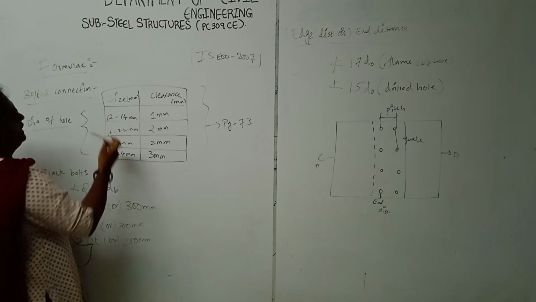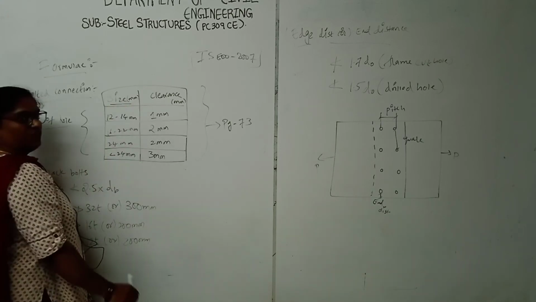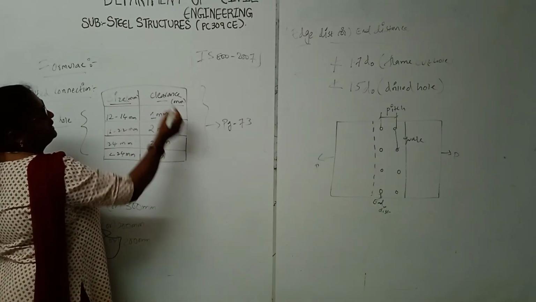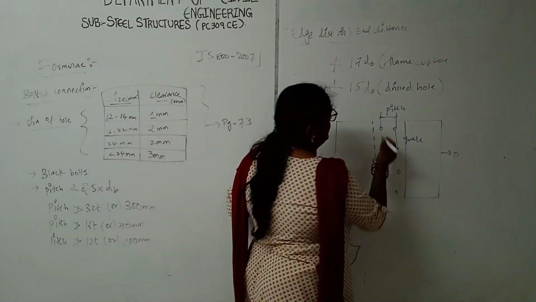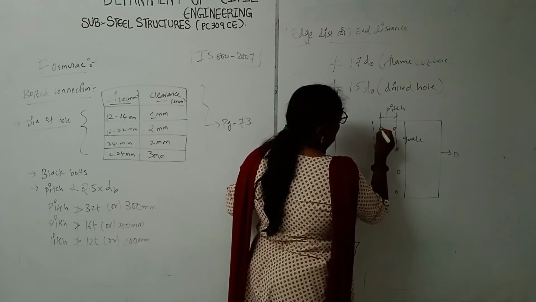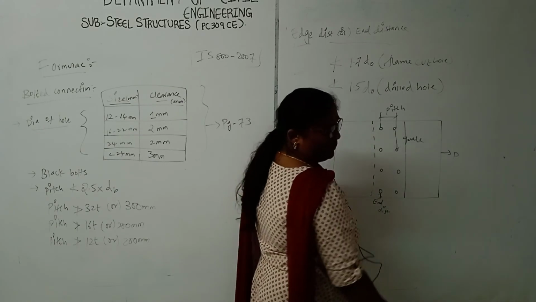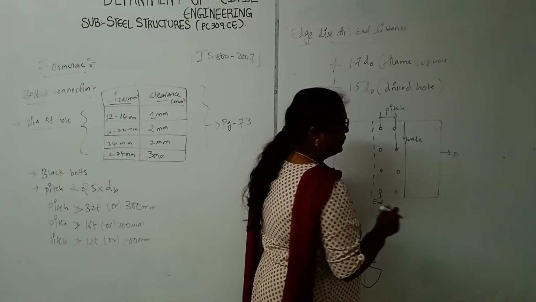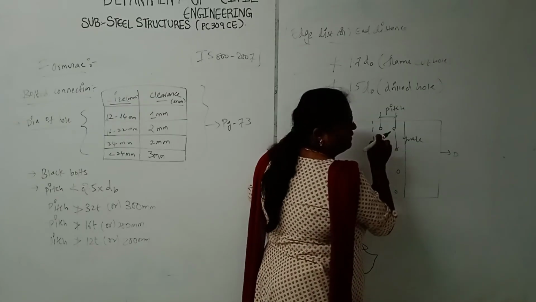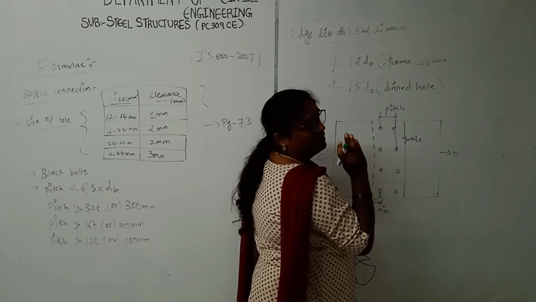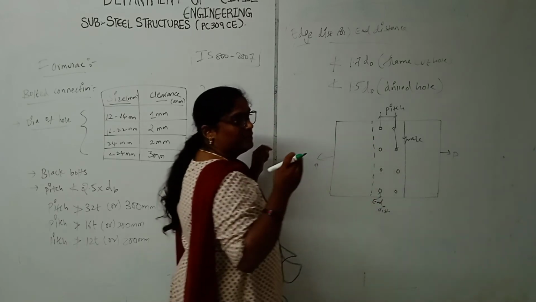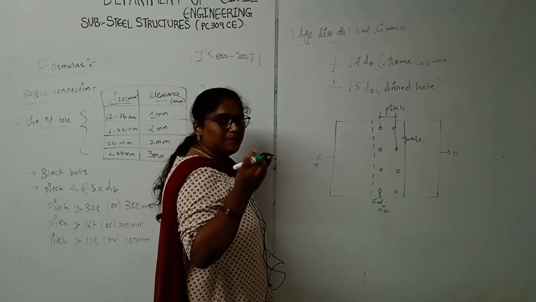So see here, they have given size of the bolt and they have given the clearance. This will be your dia of the bolt, means hole of your bolt. But whenever you are drilling the hole, you have to provide a minimum clearance. So that is nothing but some space for inserting.